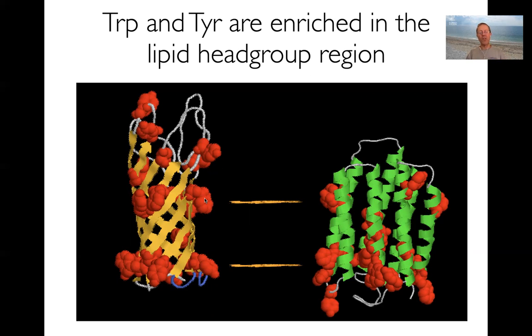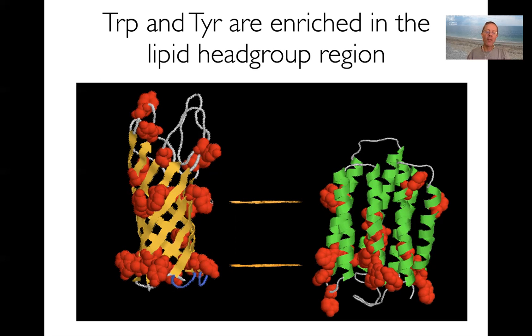And perhaps not surprisingly, because both tyrosine and tryptophan are aromatic, so they have a hydrophobic character, but they also have a polar moiety in the side chain. A hydroxyl group in the case of tyrosine, and an NH group in the case of tryptophan, or sorry, a polar nitrogen atom in the case of tryptophan.